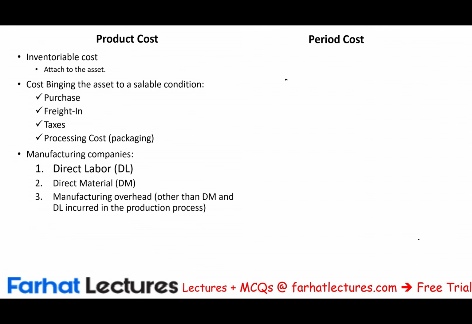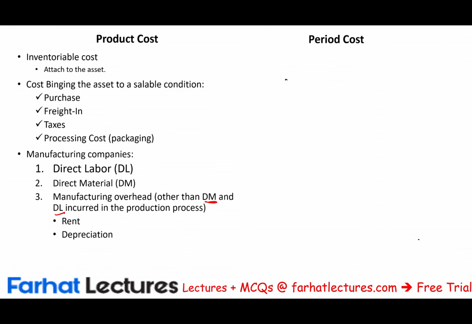We need to incur other costs other than direct material and direct labor in the production department. We need a supervisor that supervises the process. We need someone that cleans the manufacturing plant, janitors. Those are working in the production process, but they're not working on the product. We need to rent the building where we are. We need to depreciate the asset that we are using.